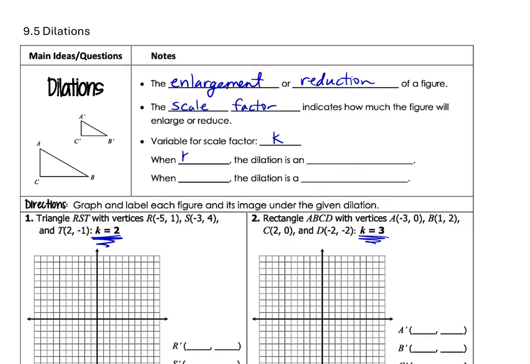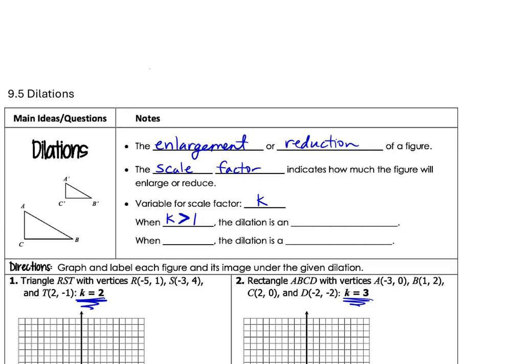So when your K, when your scale factor is greater than 1, can someone tell me what the number 1 represents as a percent? Typically, when you see the number 1, what percent are we talking about? 100%, right? 1 as a percent, you move your decimal point 2 places, is 100%.